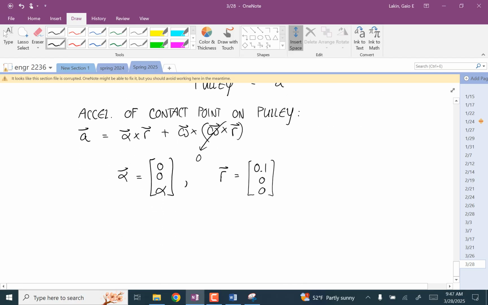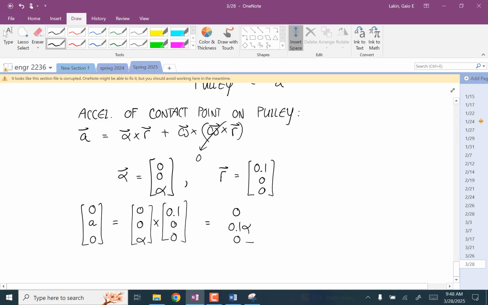And so what we have is 0, A, 0, the acceleration of the mass, is equal to 0, 0, alpha cross 0.1, 0, 0. And that is 0, positive 0.1 alpha, 0.